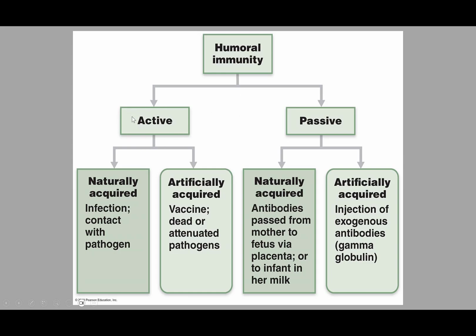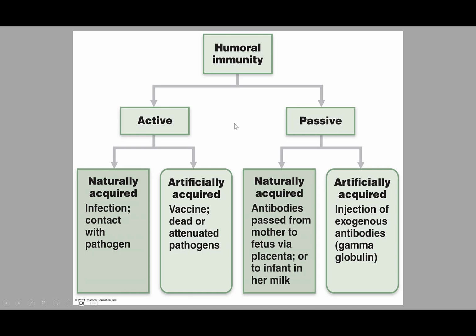If you made your own antibodies, that is active humoral immunity. If someone or something else made the antibodies that are in your body protecting you against a pathogen, that is passive humoral immunity. Active, you made the antibodies. Passive, someone or something else made the antibodies.